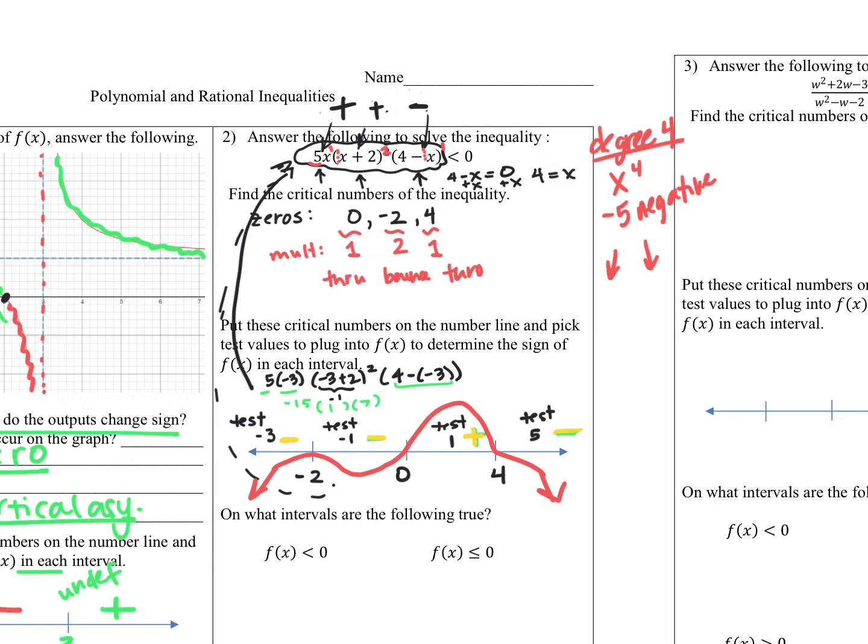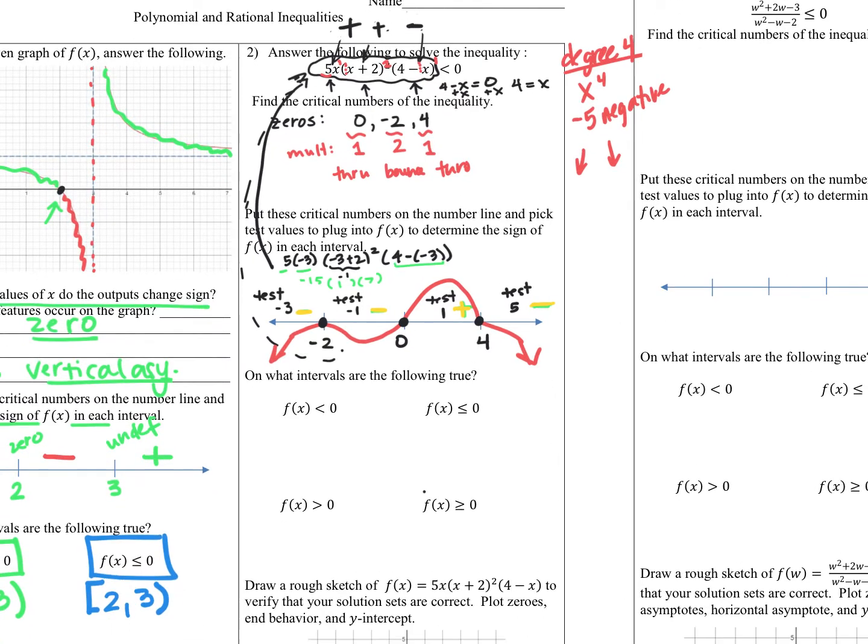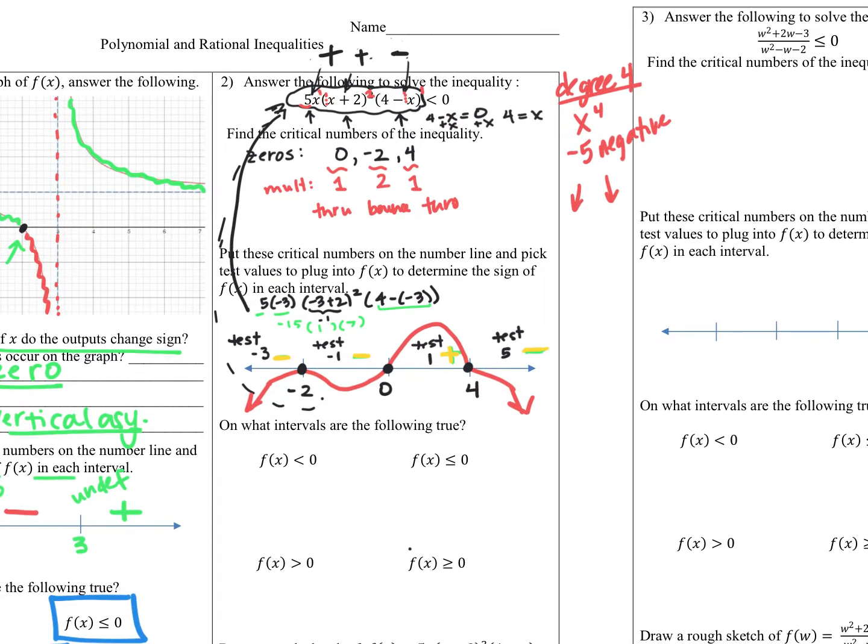Okay. And again, all of these were critical values here because they were the zeros. So to answer the question on what values these intervals are true, if we want to talk about less than 0, that's going to be negative infinity to negative 2. Don't include negative 2 because that's the equal to 0. And then from negative 2 to 0, and then 4 to infinity. Now, if we're going to equal 0, we're actually going to be able to do all those from negative infinity to 0.